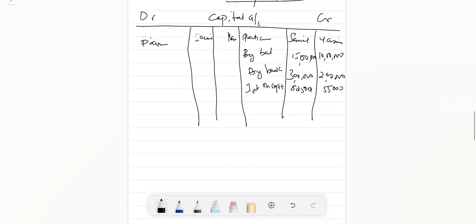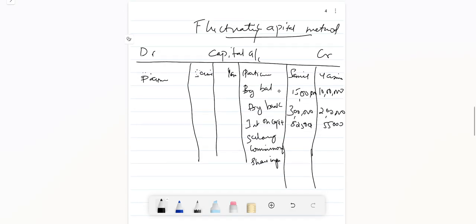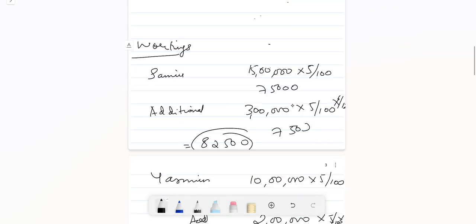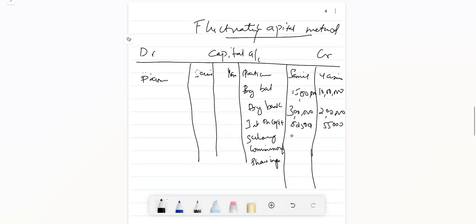Next is salary, commission, share in profit. How much is the salary? 20,000 to Samir.